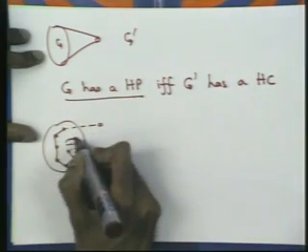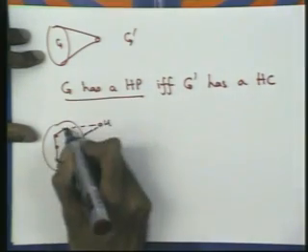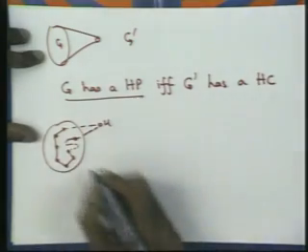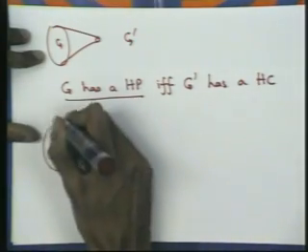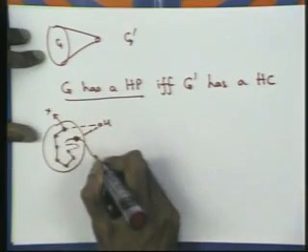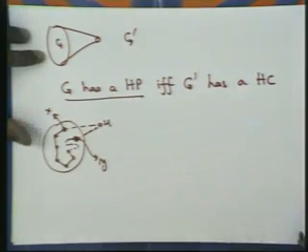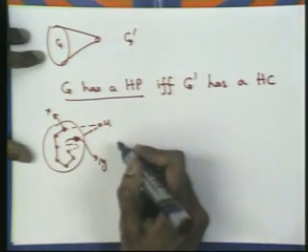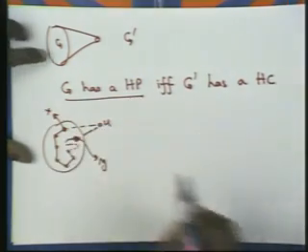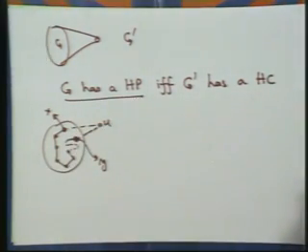I just add these two edges. This path starts at X and ends at Y. The Hamiltonian cycle I get by just appending U to X and Y. I add the edges Ux and Uy, and I get a cycle in G prime.